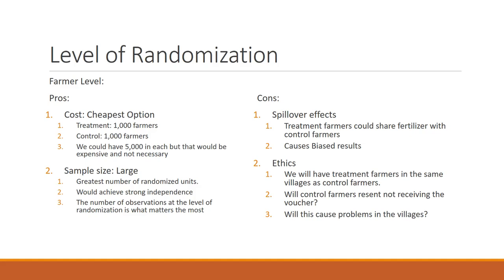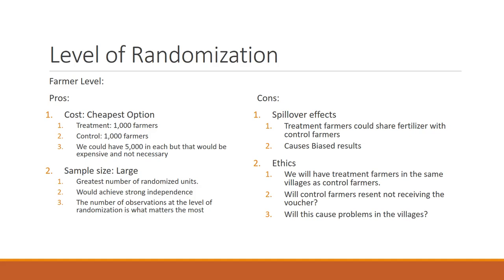Now, why does that mean that it might be cheaper? Well, remember, everyone in your treatment group needs to receive this intervention. It means you have to buy the fertilizer. That can be expensive. If you randomize at the farmer level, then you might not need to use all 10,000. 10,000 is a huge sample size. You would do just fine using only 2,000.